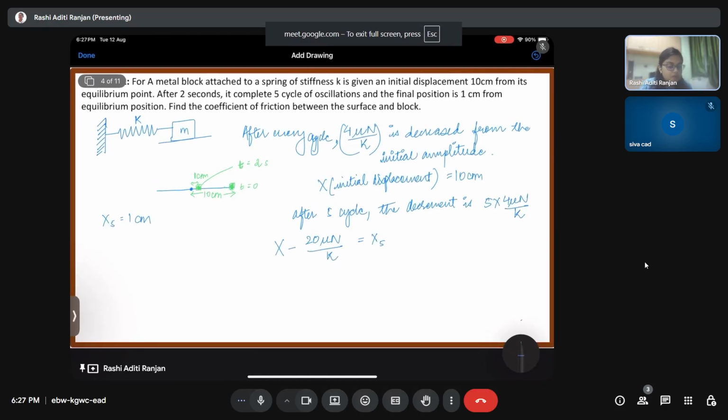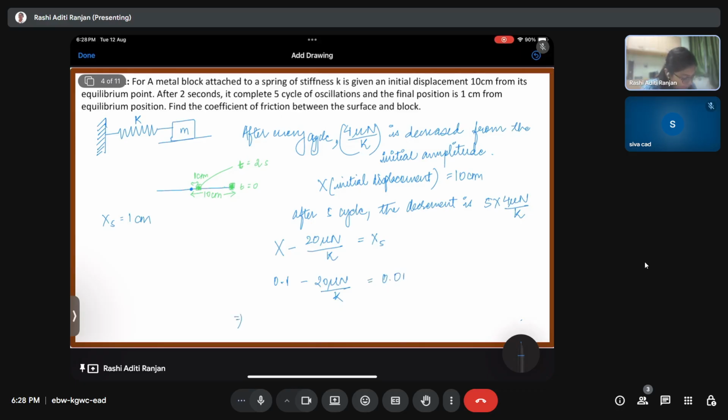Okay, so now what will I do? I will just put in the values, and I'll convert it into meters. So, 10 centimeter, which is 0.1, minus 20 mu N by k is equal to 0.01.